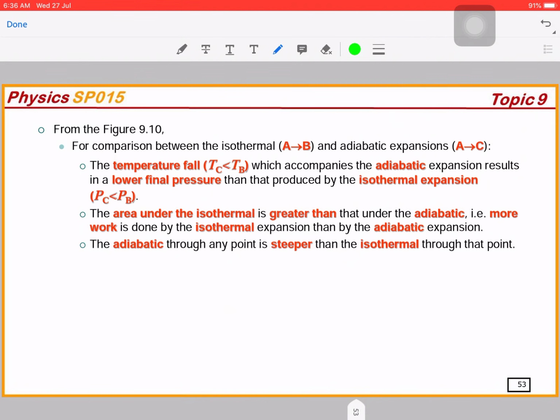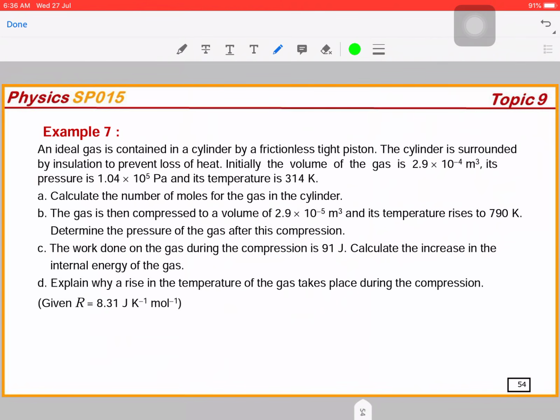Okay, the area under isothermal is greater than the area under adiabatic, i.e. more work is done by isothermal expansion than by the adiabatic expansion. Okay, next, the adiabatic through any point is steeper than the isothermal through that point. Okay, so you can compare lah proses-proses ini, apa yang lebih, apa yang kurang.